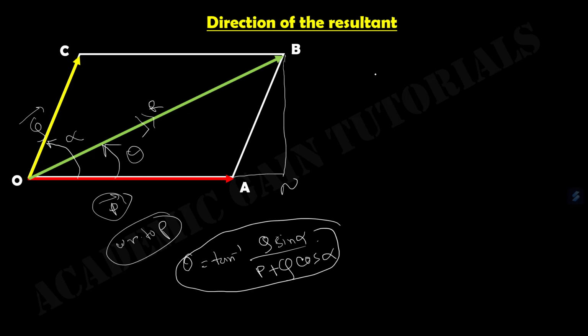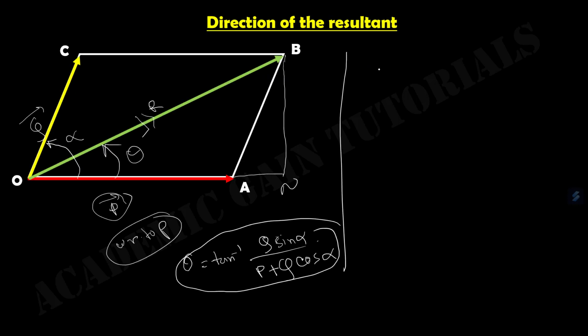Now we will prove this theta equals tan inverse Q sin alpha by P plus Q cos alpha. In the triangle OBN, we can write tan theta equals BN by ON, where this is the angle theta.